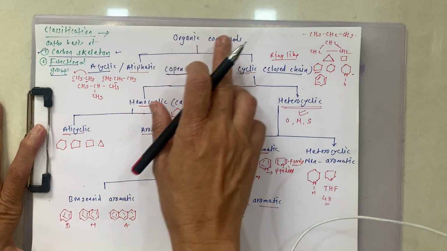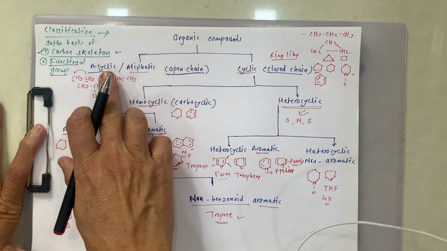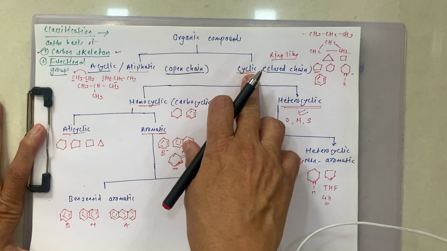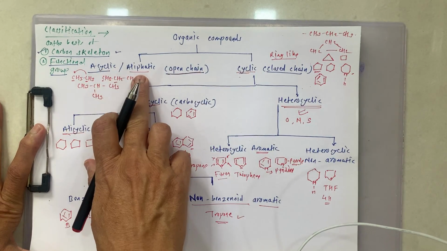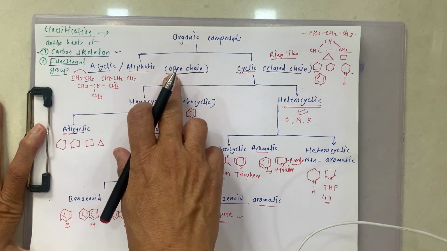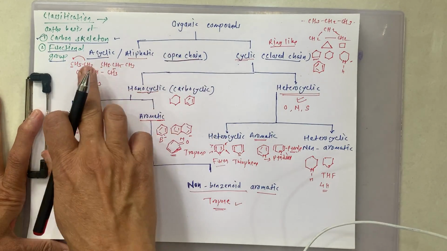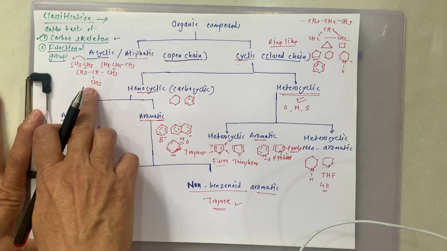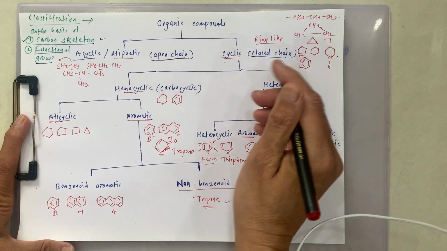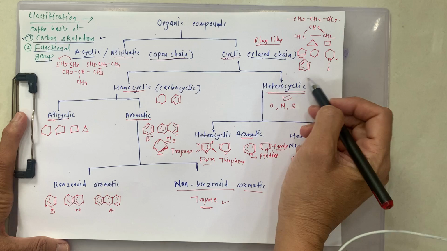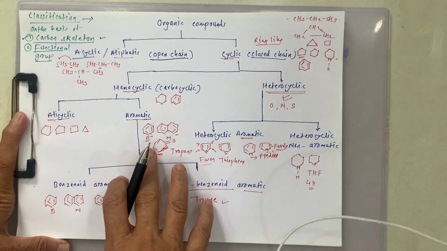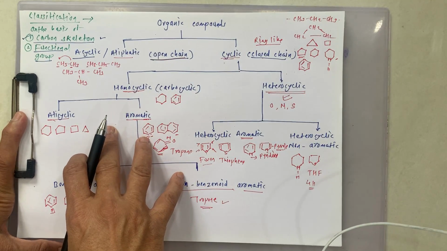First, organic compounds are divided into 2 classes. One is acyclic, another one is cyclic. Acyclic is also called aliphatic, and this is nothing but the open chain compounds. In open chain it may be straight chain or it may be branch chain. Cyclic means these are the closed chain. Under closed chain there are so many different subclasses.